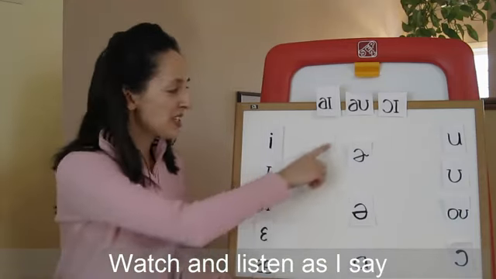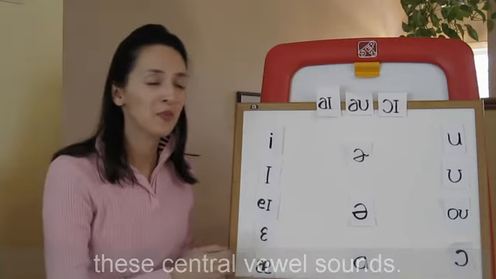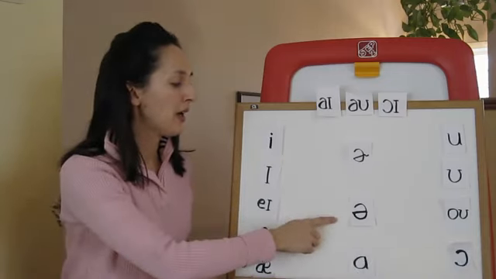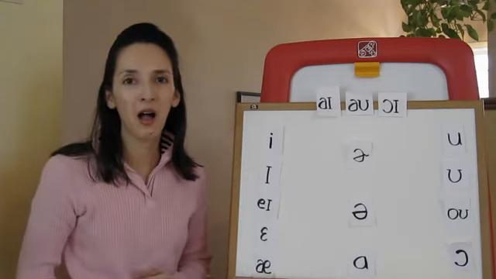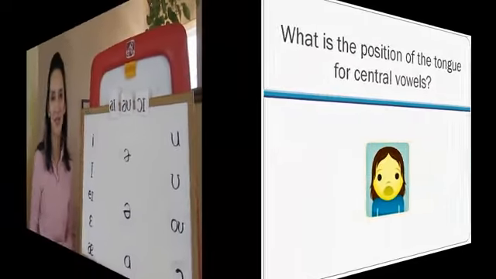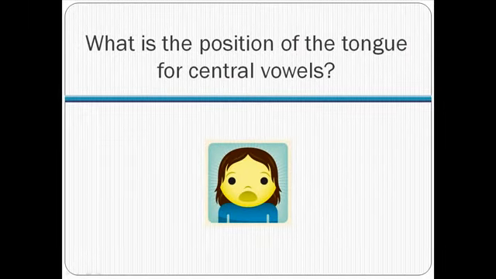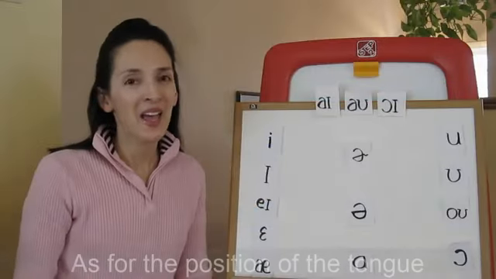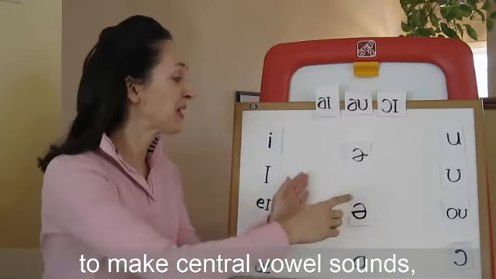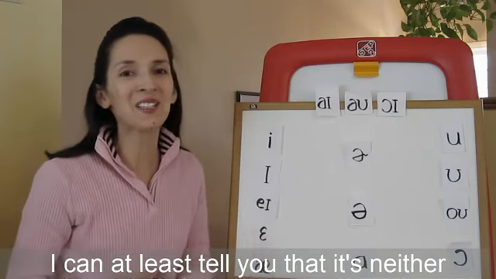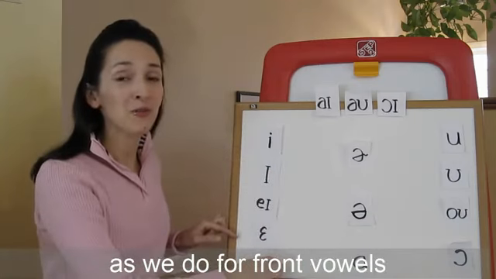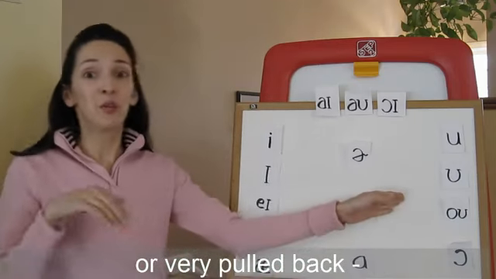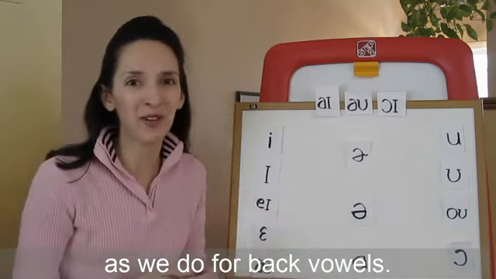Watch and listen as I say these central vowel sounds. As for the position of the tongue to make central vowel sounds, I can at least tell you that it's neither very pushed forward, as we do for front vowels, or very pulled back, as we do for back vowels.